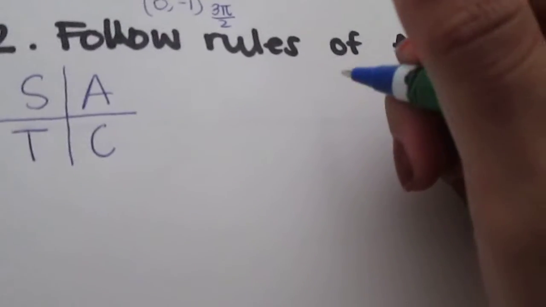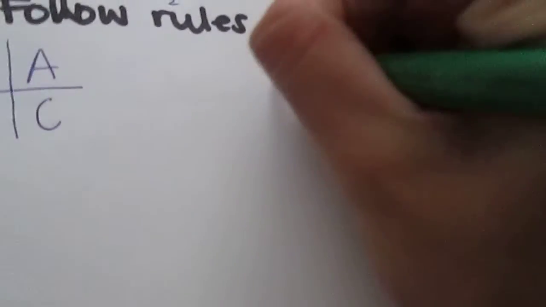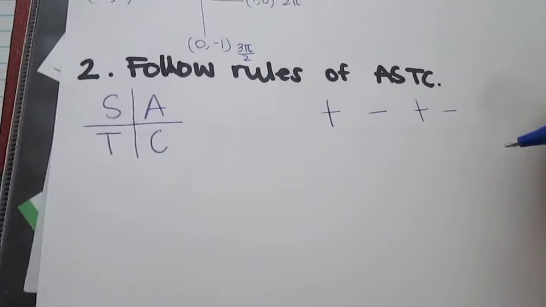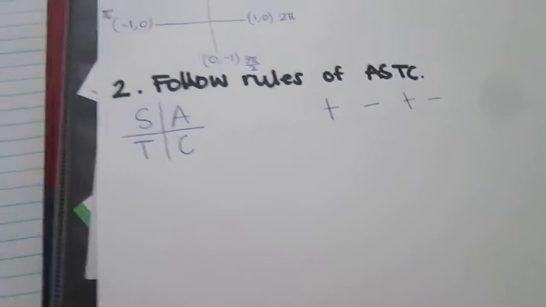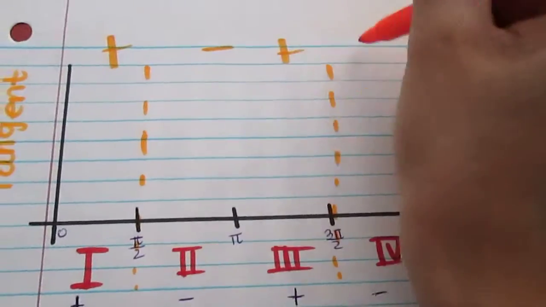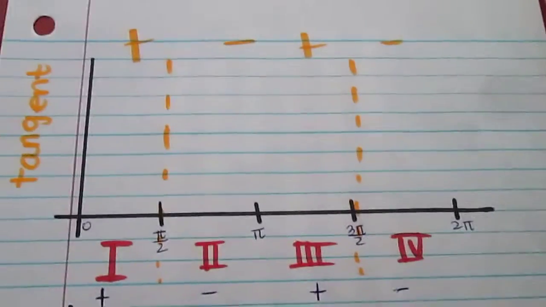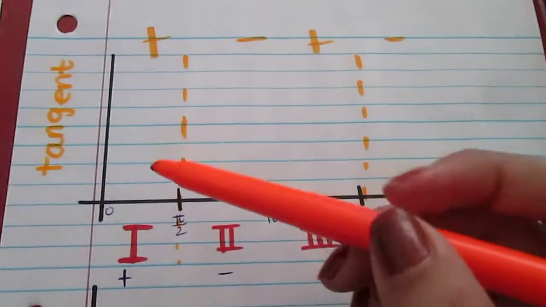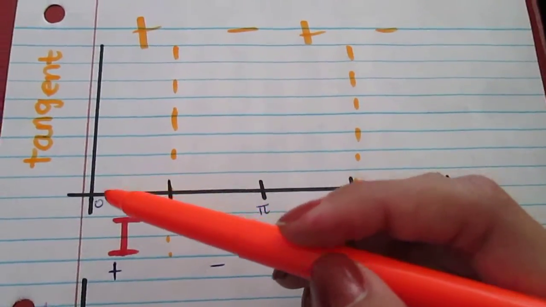So remember that the pattern for tangent is positive, negative, positive, negative. So that applies to the graph.